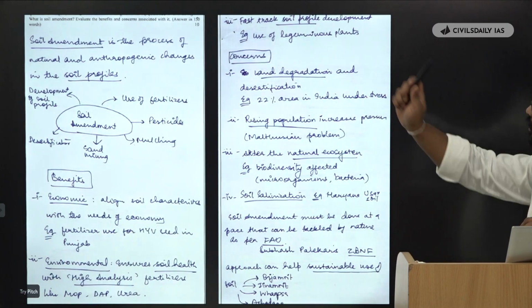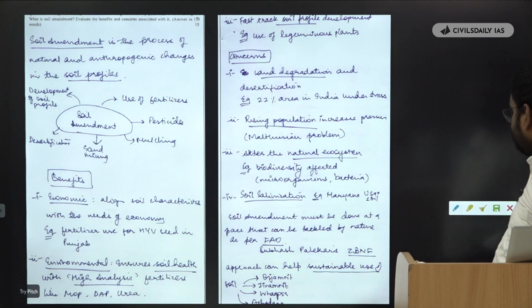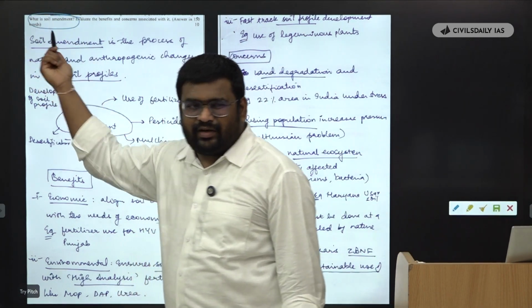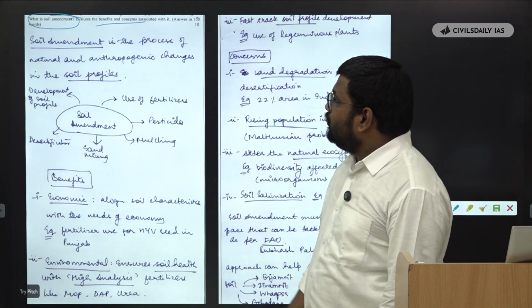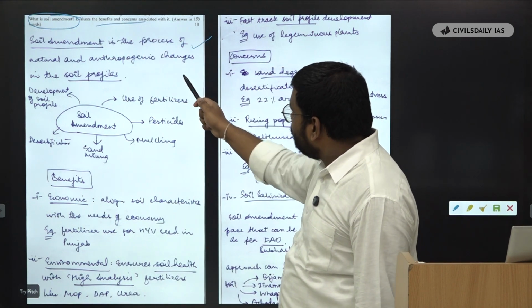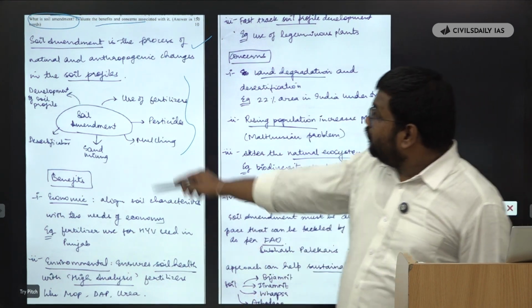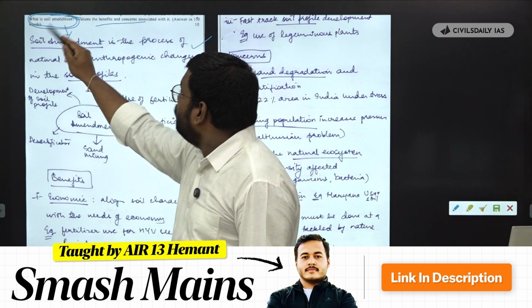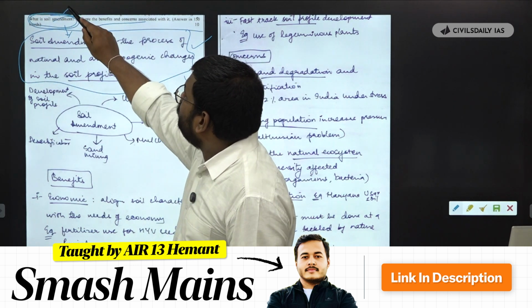If you see, this is the answer of Ishita Kishore. What is soil amendment? Define soil amendment and evaluate the benefits and concerns. She has given the soil amendment definition, but then she has given the features. Only when you do this do you address the core demand. If you end here, you won't get full marks for this.